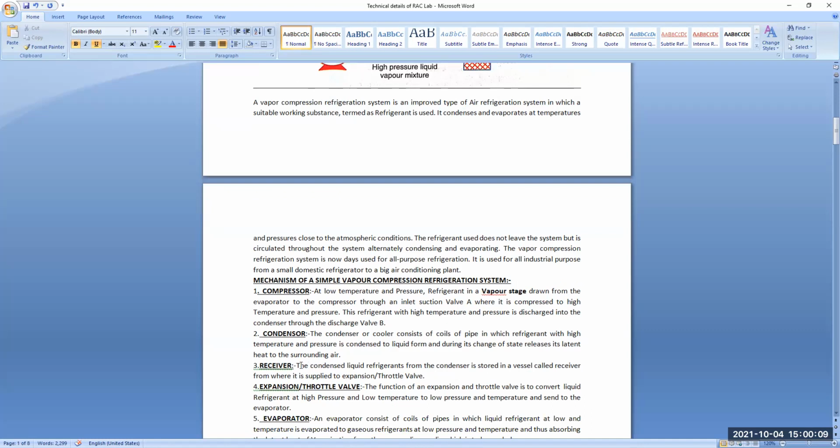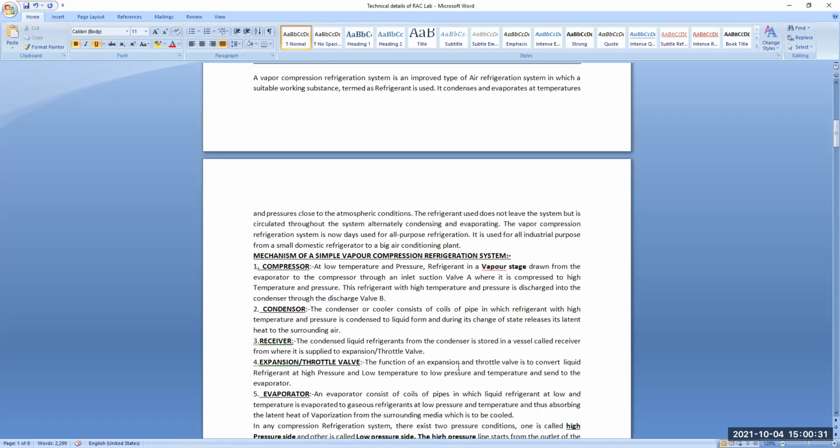Receiver. We have shown a receiver here, although it is not shown in all of our systems. The condensed liquid from the condenser is stored in the vessel, from where it is supplied to the expansion or throttle valve. So what is the expansion or throttle valve?